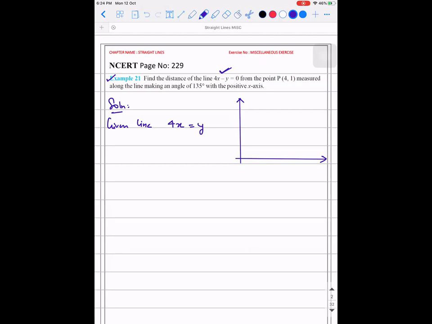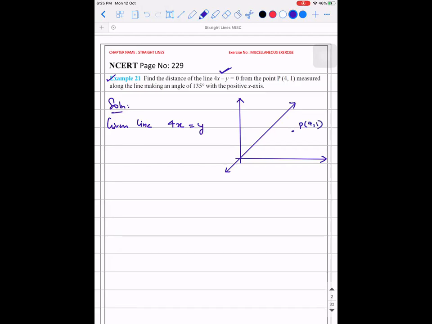So y = 4x represents a line passing through which point? The origin. Yes. So y = 4x is a line which is passing through the origin. That's right. Okay. So there is a point P which is (4, 1).